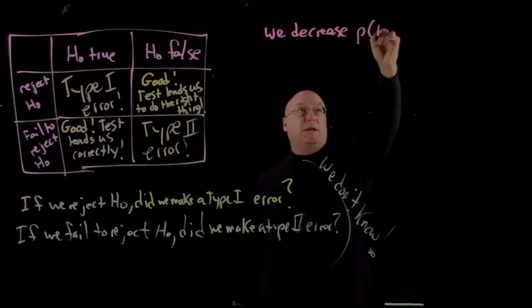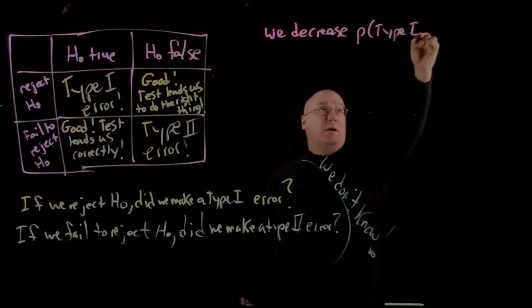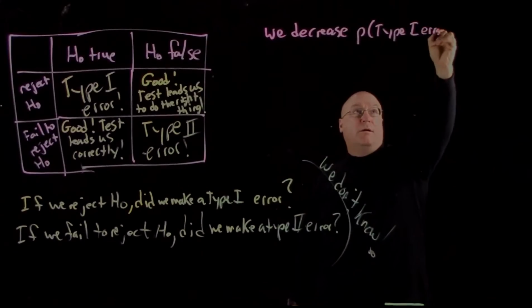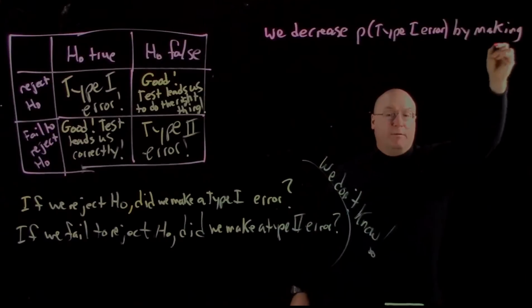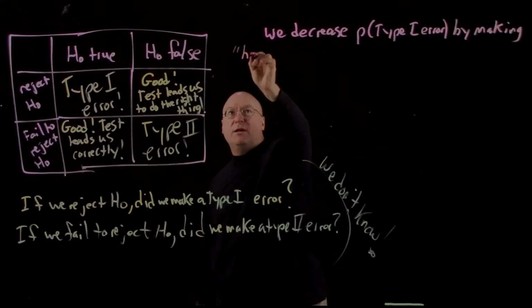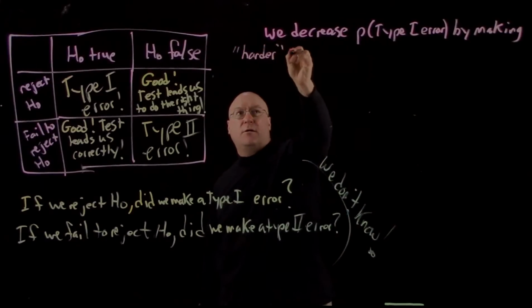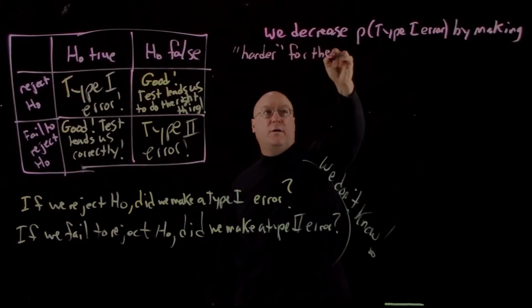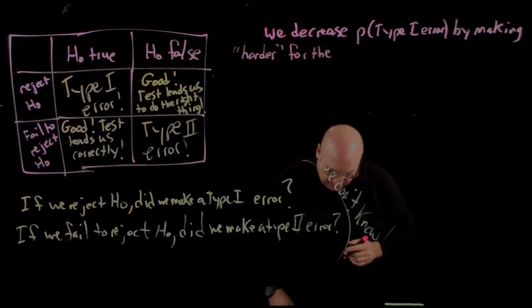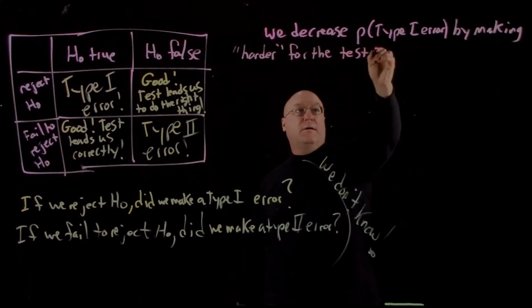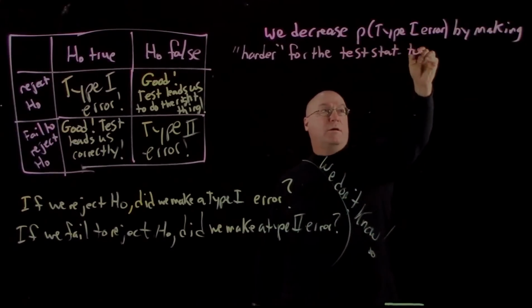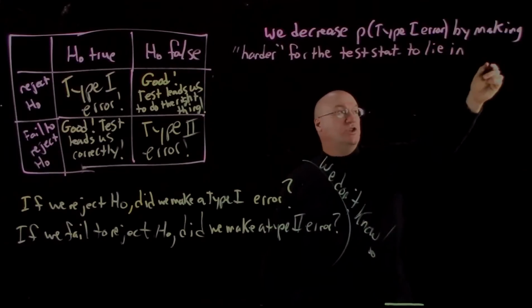the probability of type 1 error by making it harder for the test statistic to lie in the rejection region.